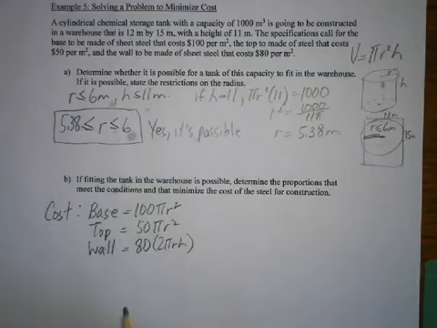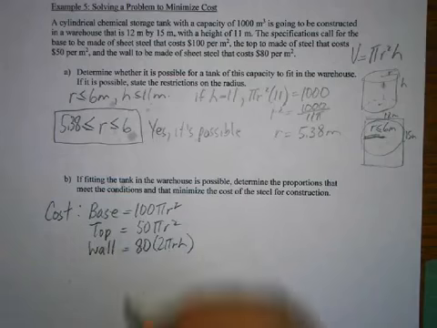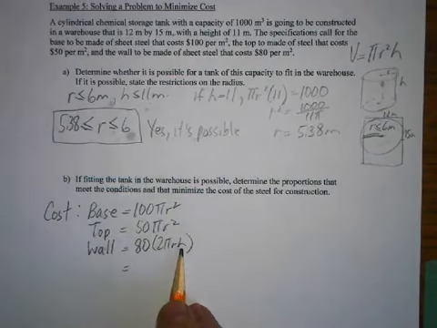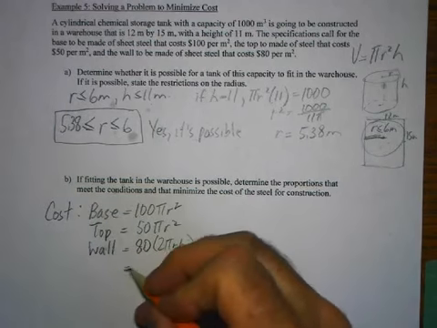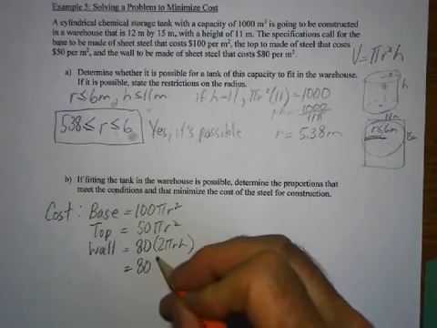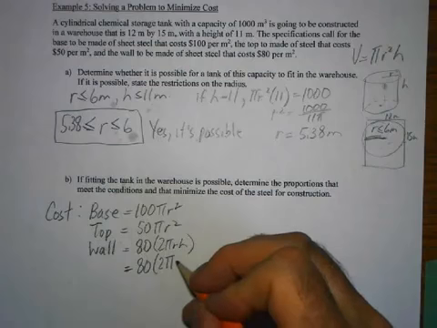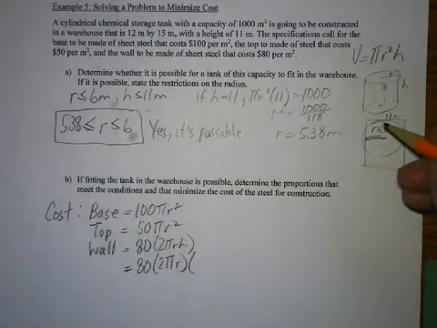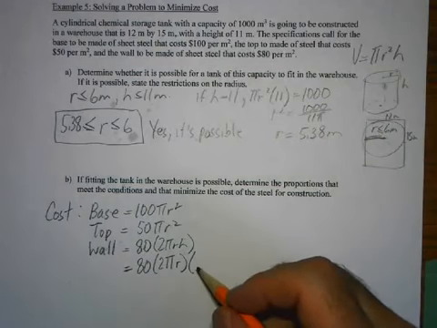Again, we've got the 2 variables here, so I want to convert everything into r. I need to change the h. So that's 2 pi r, and then the h is going to be 1,000 over pi r squared.